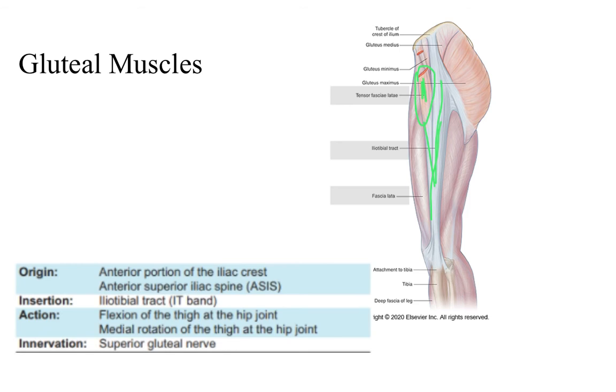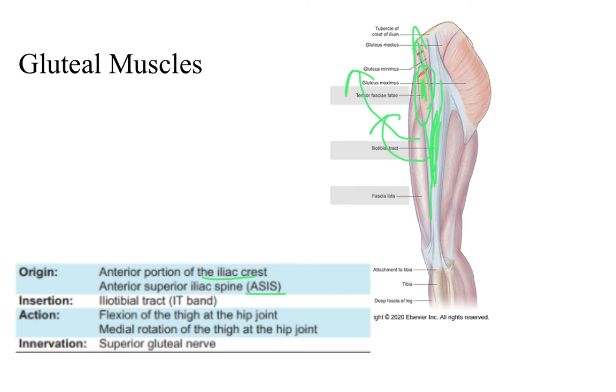And so notice its origin is the anterior portion of the iliac crest, as well as the ASIS. Its insertion is the IT band right here, and so when it pulls, imagine it contracting in this direction, it's going to flex the hip, so your hip is going to move upward in that direction, and also medial rotation of the thigh at the hip joint, so you will see your thigh go slightly in this direction, inward.